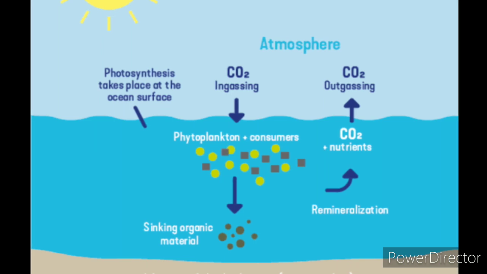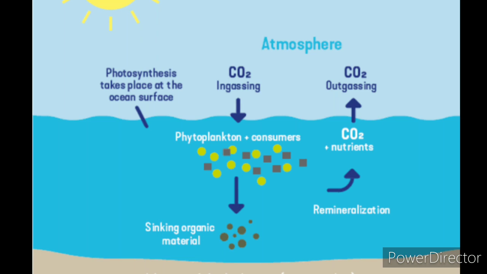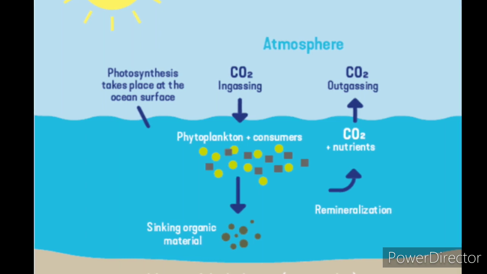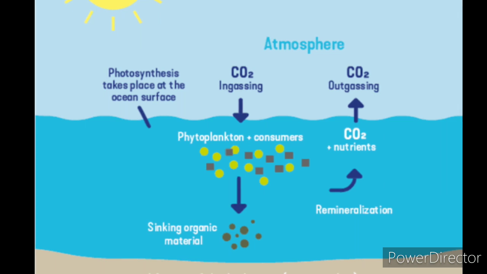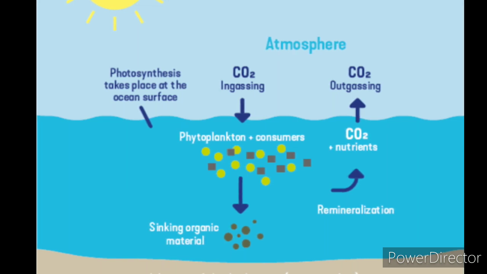So the phytoplanktons will take in the CO2, and with the presence of ocean water and sunlight they produce food. This food will be consumed by the primary consumers, and the primary consumers get consumed by secondary consumers, then tertiary consumers, and then the apex predators.